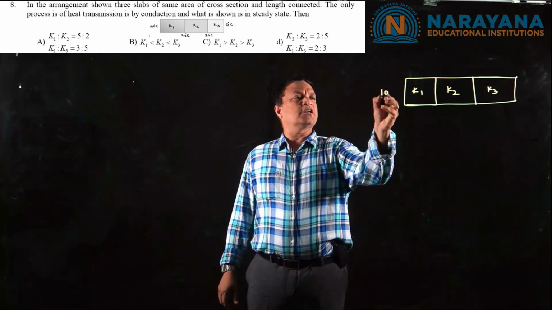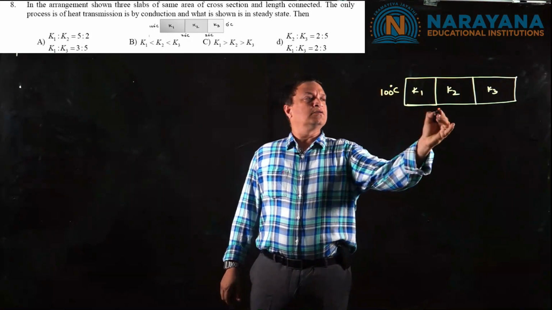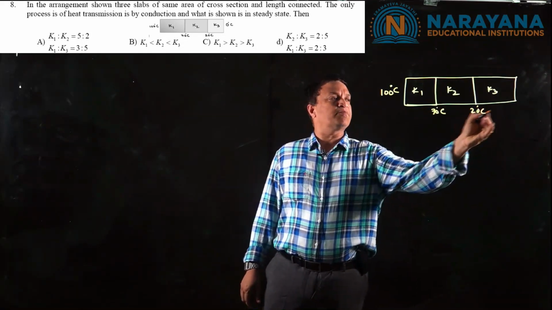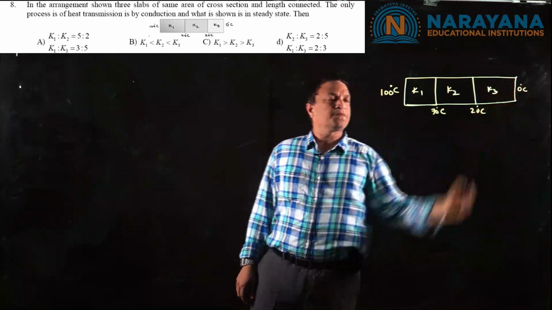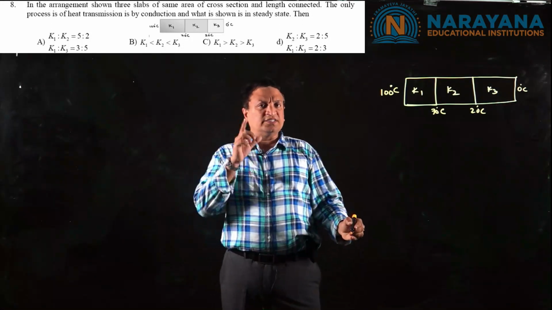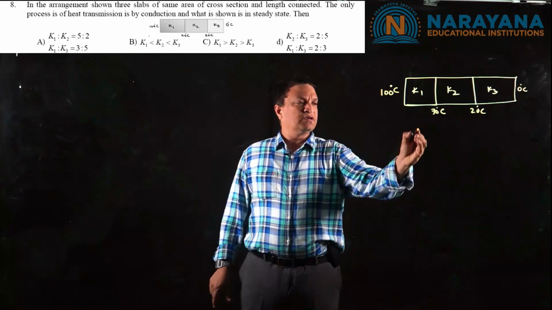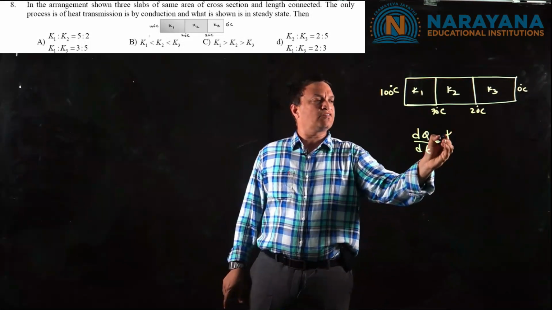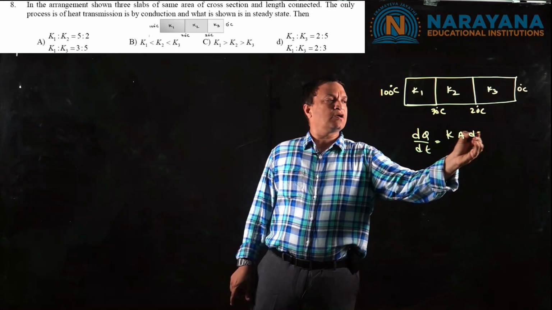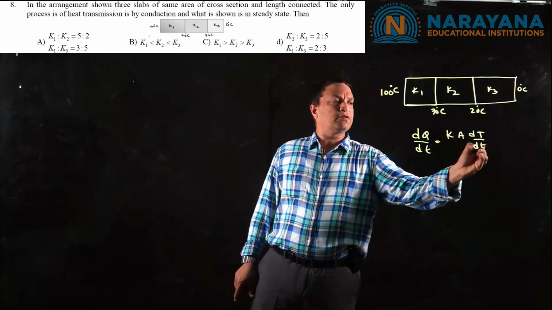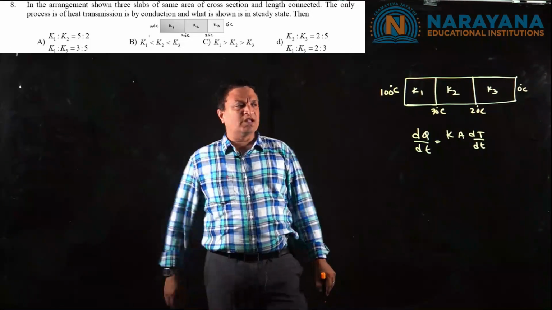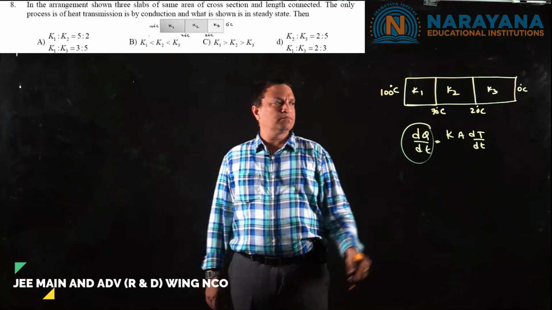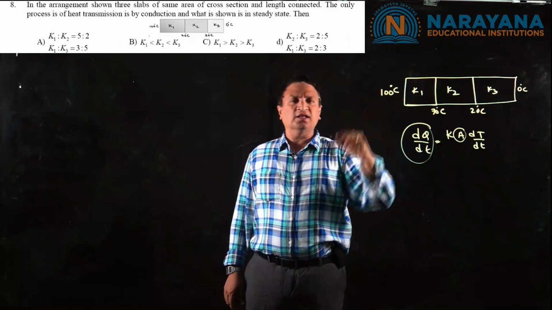Now this is 100 degrees centigrade. This is 70 degrees centigrade. Remember the junction temperatures. Don't forget the general formula here. The general formula of conduction is KA dT by dx. This is the same through all the three.